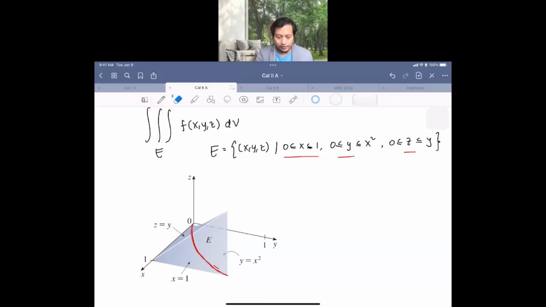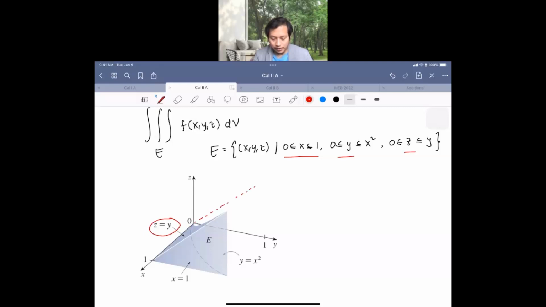Now we have z equal y on this section up here, right? So z equal y, if we project onto it, this is our line, right?